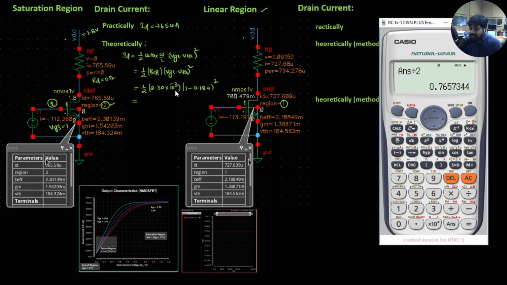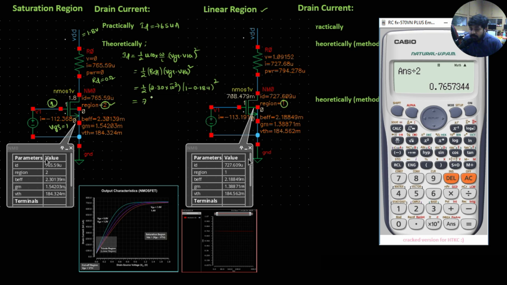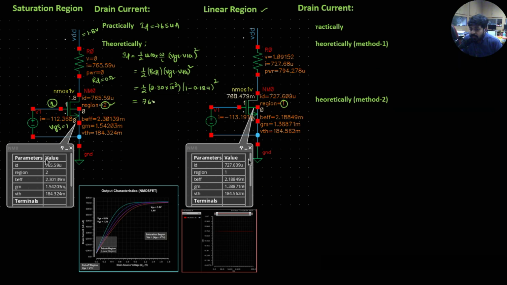We have 10 to the power of minus 3, so it will be the value of 765 microamperes. We can put that value as it is. So theoretically, the current which will be flowing over there when it is in the saturation region is 765 microamperes. I can say that the transistor is expecting this much current.